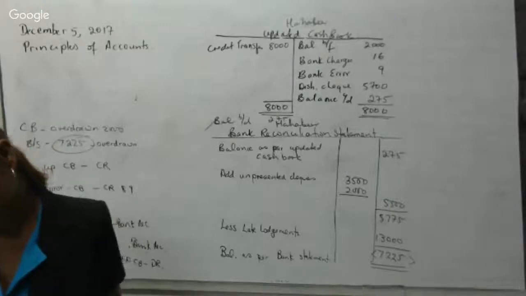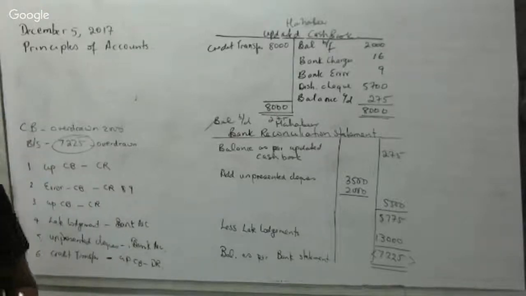Starting with the closing bank balance in his cash book from A above.